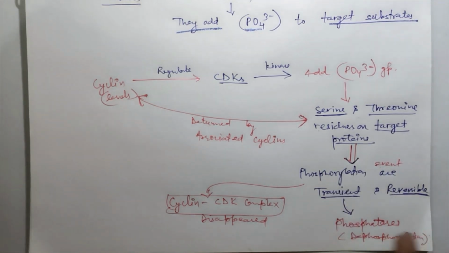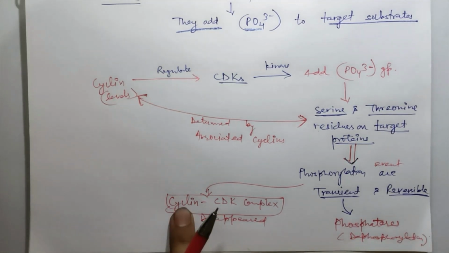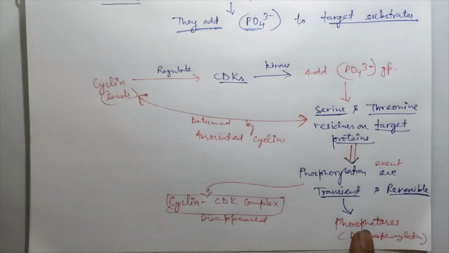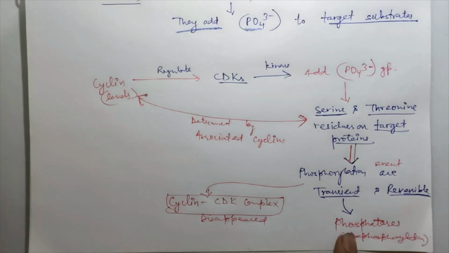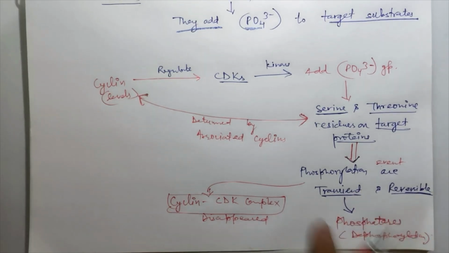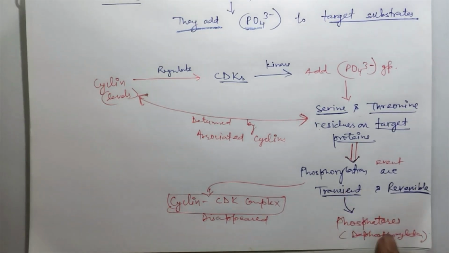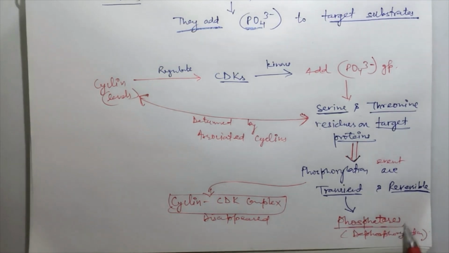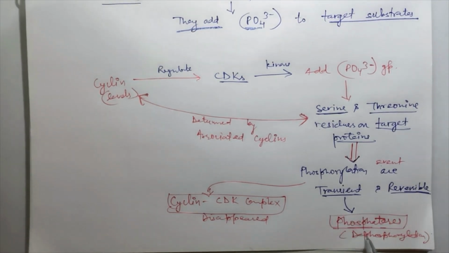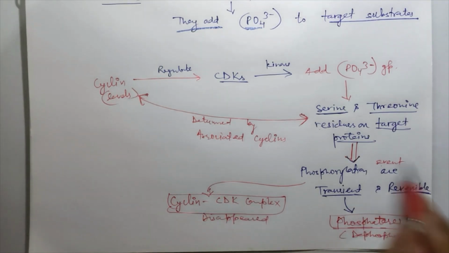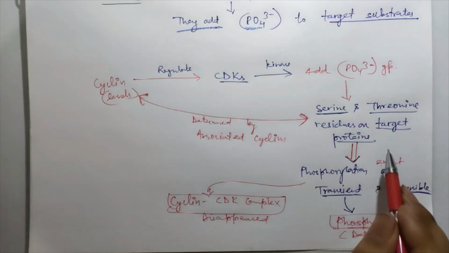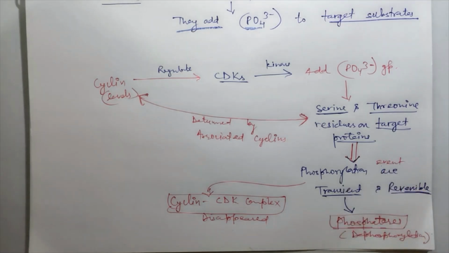Cyclins are ubiquitinated, and the target proteins are dephosphorylated by other enzymes, phosphatases, in the cytoplasm, which break down the Cyclin-CDK complex, and the phosphorylated target proteins are also inactivated.